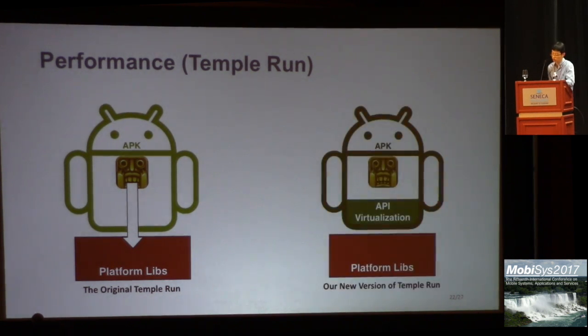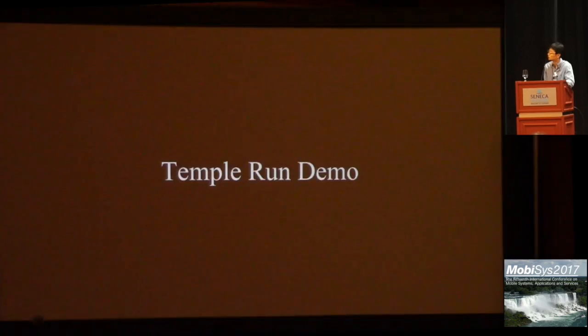In our new version of Templon, we intercept all platform API calls and force them to go through an API virtualization layer. In this API virtualization layer, we simply call the original implementation most of the time. The only exceptions are that we add a title bar and notification whenever there is sensor info.